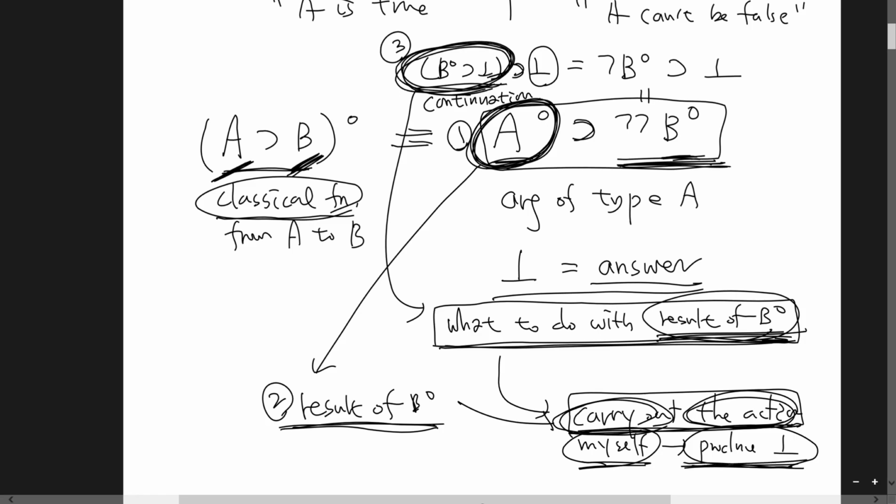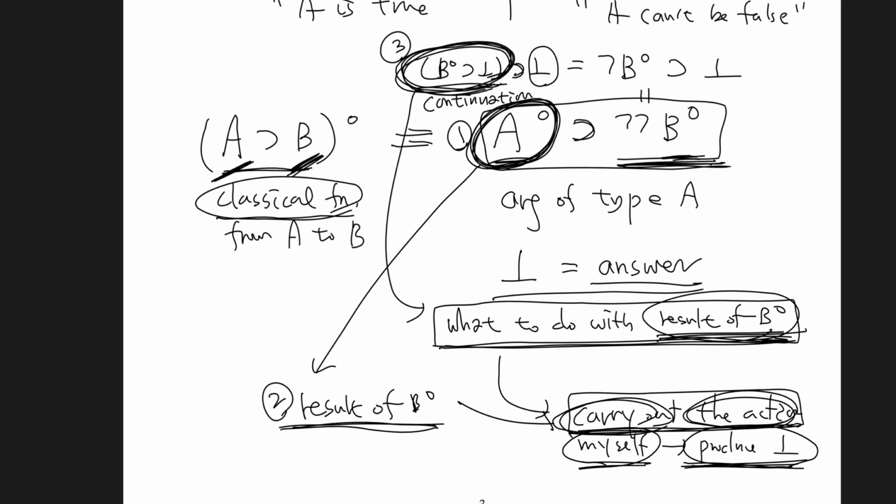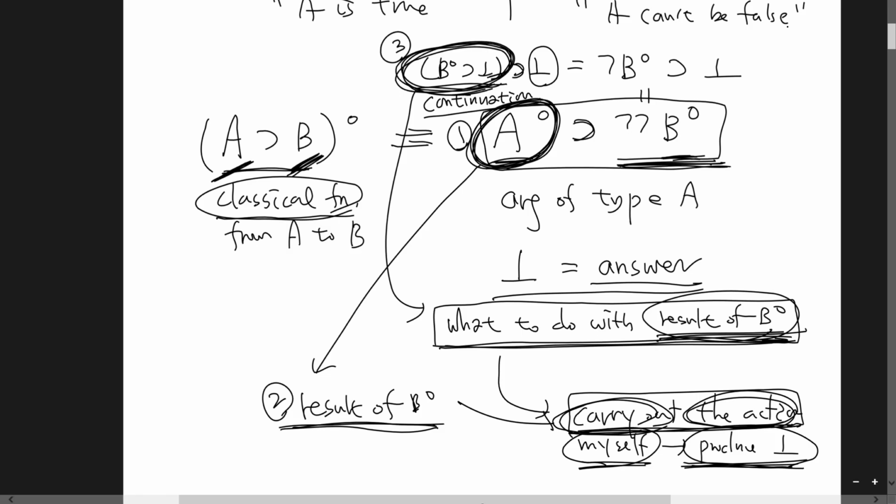That's all. So that's the reason why this thing, a function of type B implies bottom, is called a continuation.